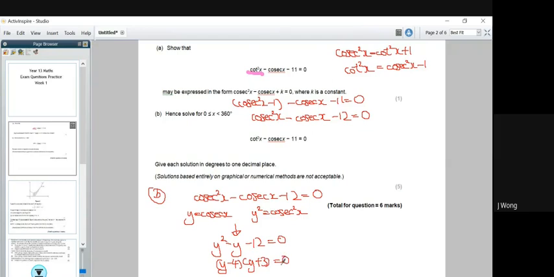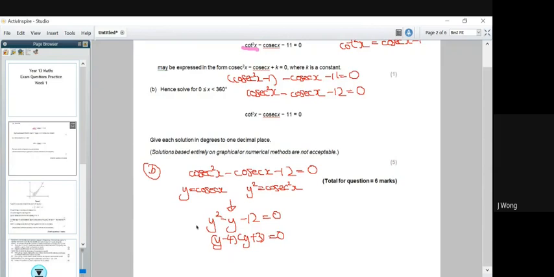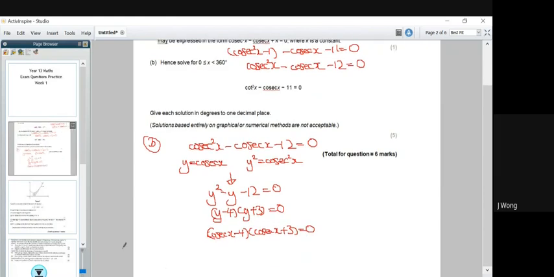That will be y minus 4, y plus 3, when we solve by factorizing. And you could change it back into cosec x straight away, so that will be cosec x minus 4, cosec x plus 3 equals 0.